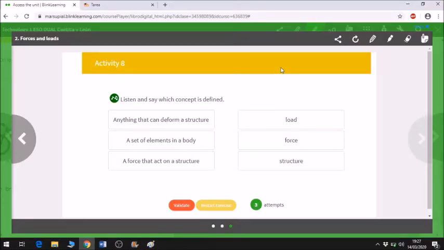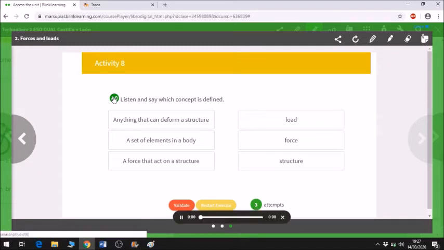Okay, we are going to make the last activity. Listen and say which concept is defined. Let's listen. 8. Listen and say which concept is defined.